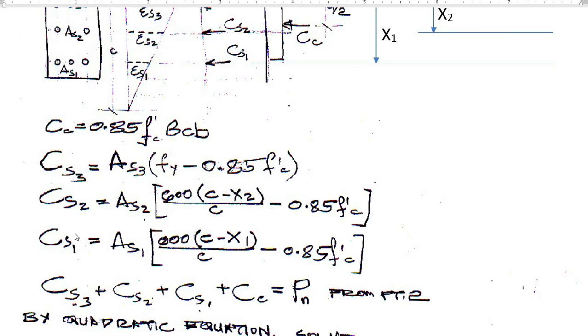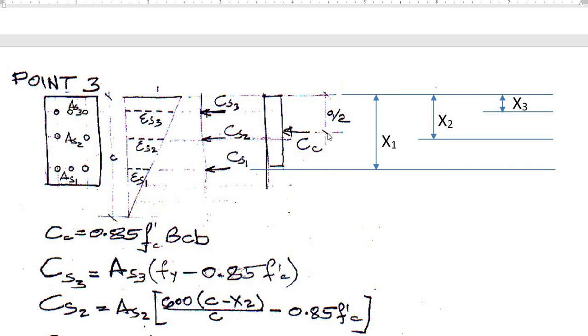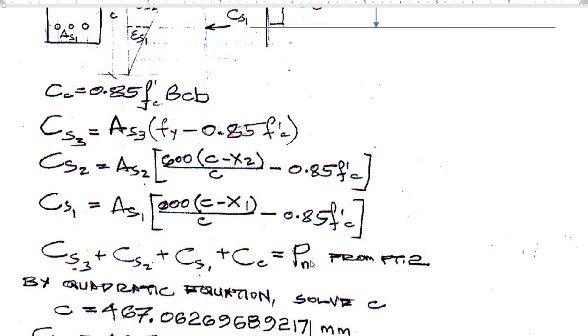So, ito na siya. Okay. Now, we will add all of them. Okay? Take note na lahat sila is compression. So, summation lahat yan. Ito yan. Okay? CS3 plus CS2 plus CS1 plus CC is equal to your nominal axial force PN.